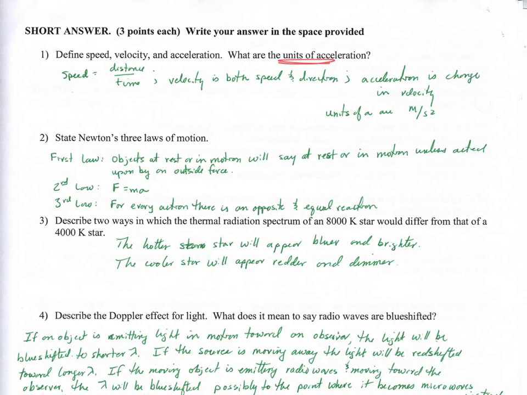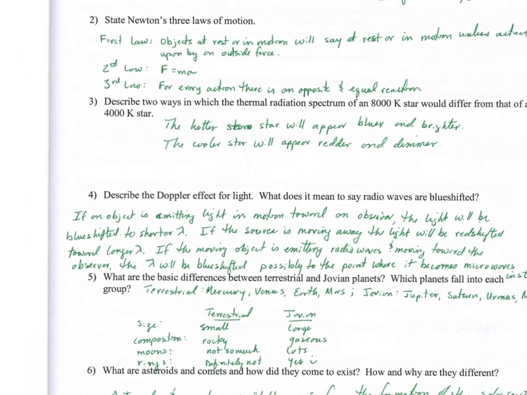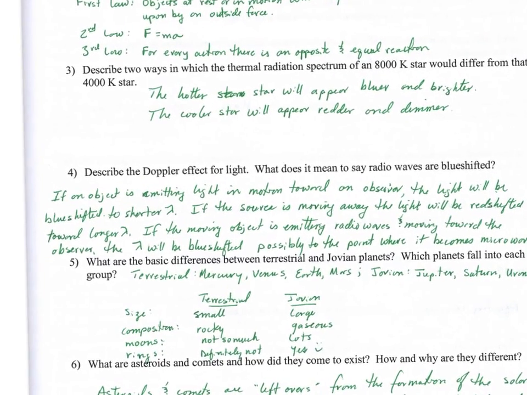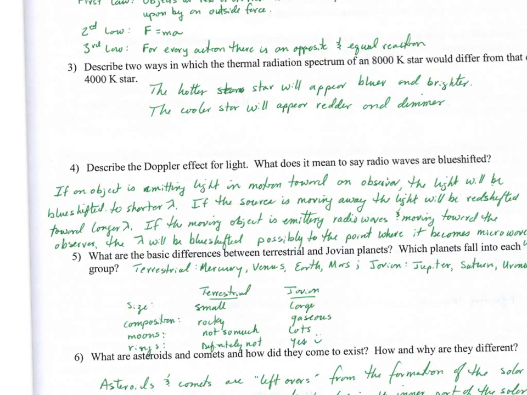For the next one, I took an assortment of answers here. And most people, I don't think anybody really got what I really for sure wanted, okay? But a lot of times you explained the Doppler effect, and that's great. That was what I was after. And then specifically, I wanted you to consider something that's blue shifted.